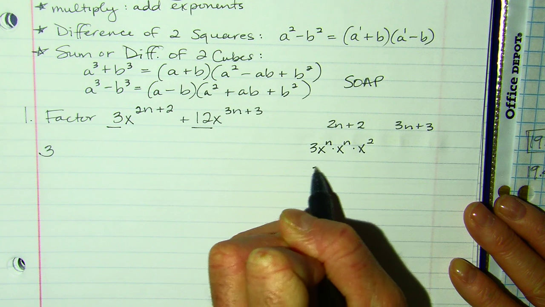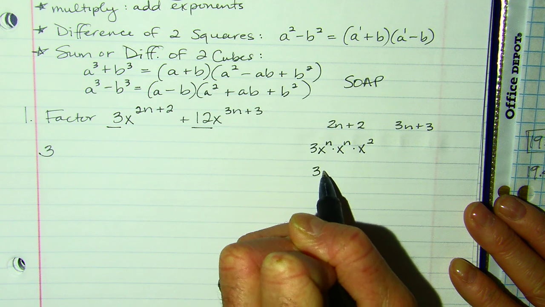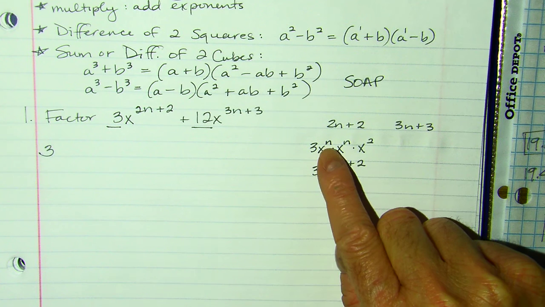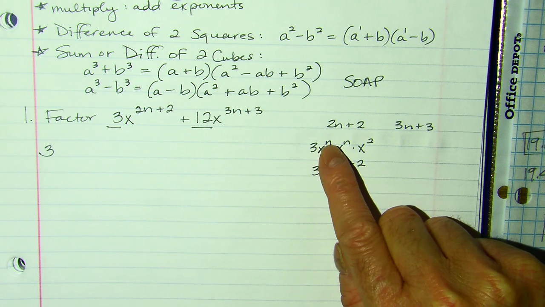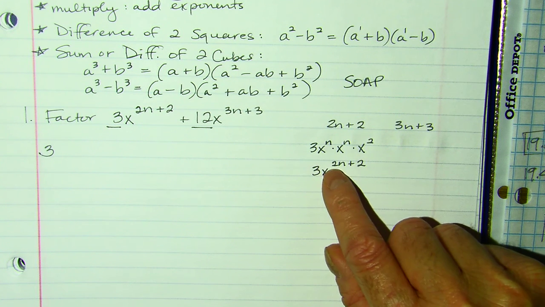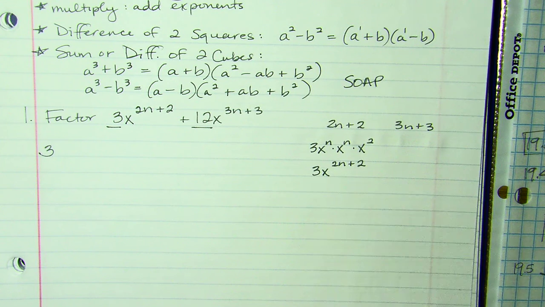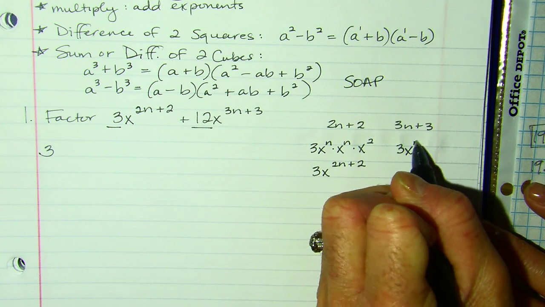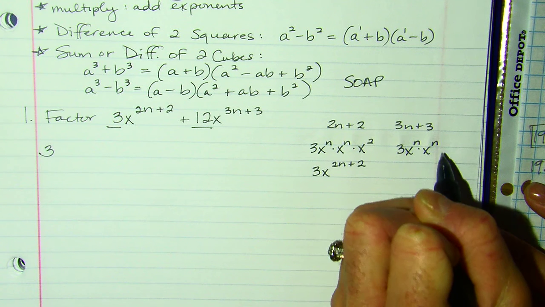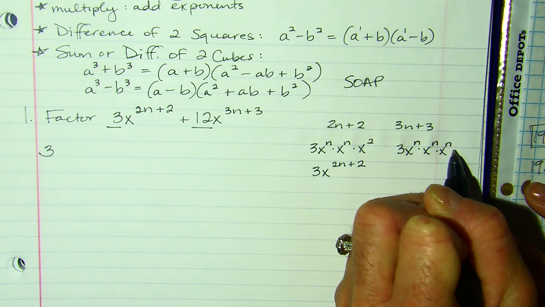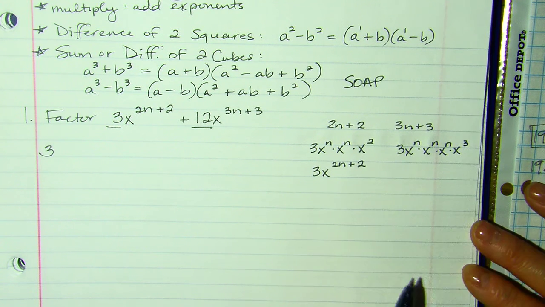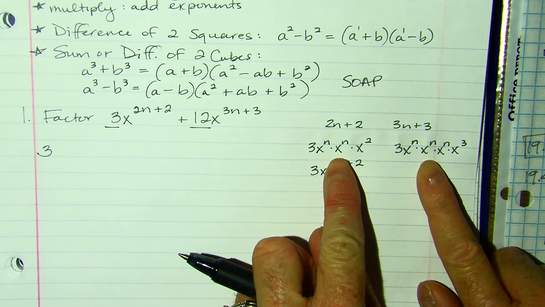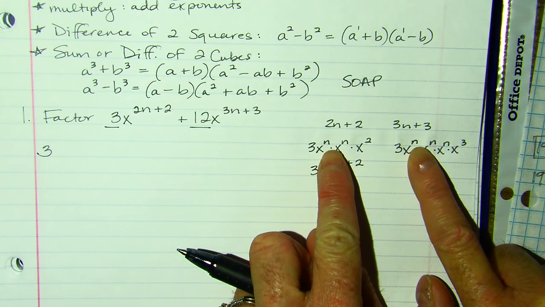That is how I would get 3x to the 2n plus 2, because I don't multiply these, I add them, and n plus n is 2n. So when you think of it that way, this one is simply 3x to the n times x to the n times x to the n times x cubed. So notice that each of these has 2 n's.